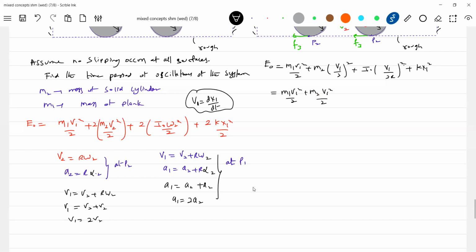V1 square by 2, V1 square by 4, I naught V1 square by 4R square, k x1 square. This will be much easier. So this will become 1 by 2. So 3, we can't add up, let it be as it is. Now I'll differentiate.